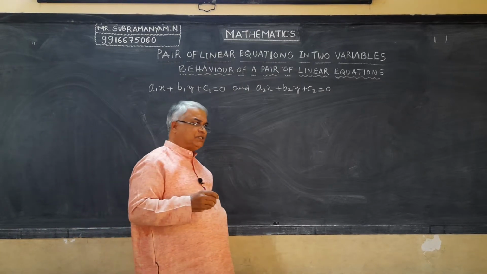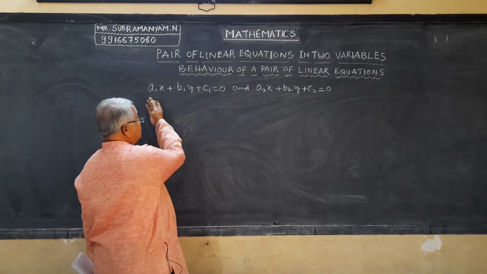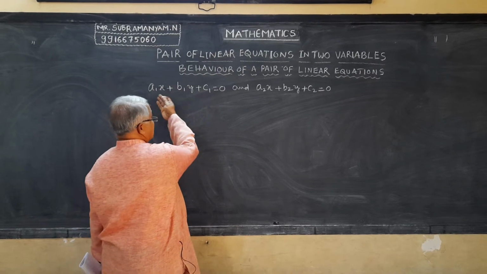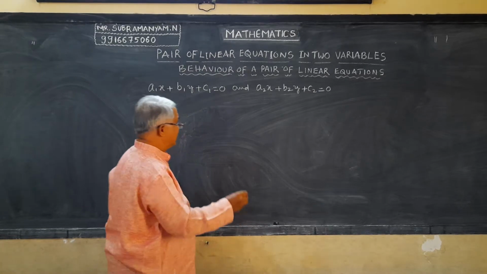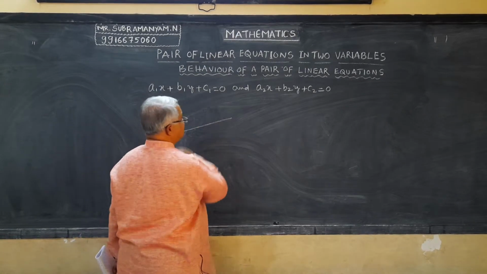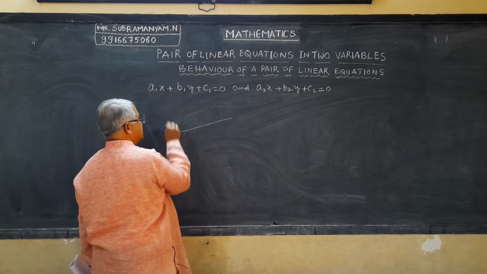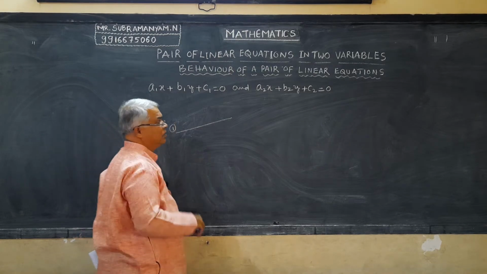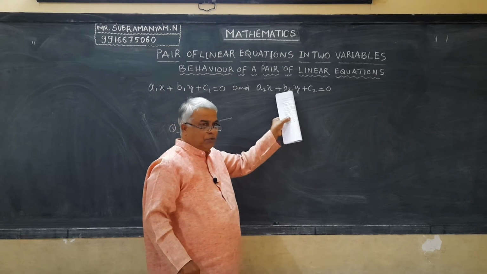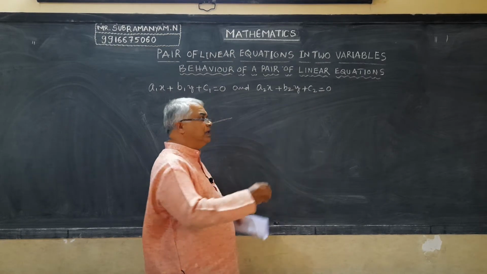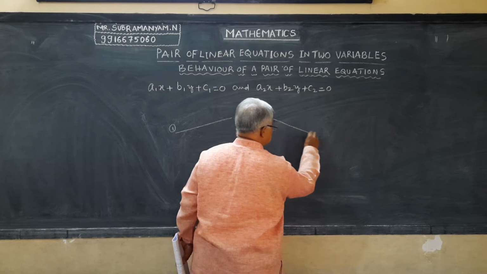What is the meaning of this? When you draw an equation in the graph, you will get a straight line. Let us say this is equation 1. And when you plot the other equation in the graph, you will get another line.